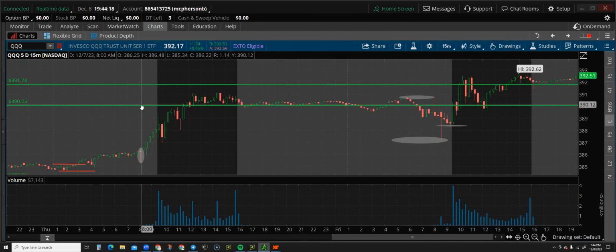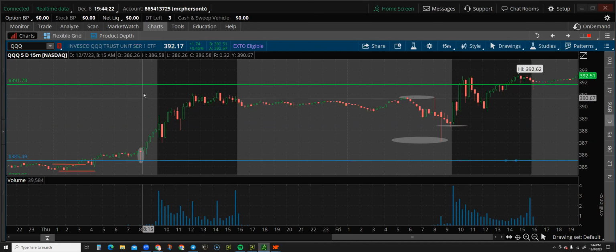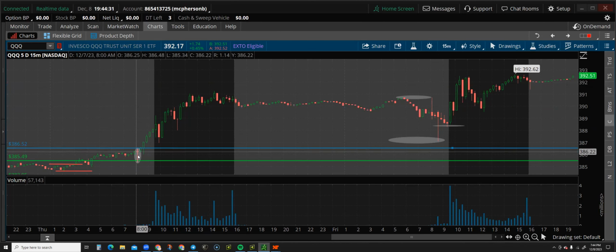So that is a demand zone. This is the last bar that the sellers were involved in the market, and then the bulls stepped in and took it up. That last area right there is a demand zone.